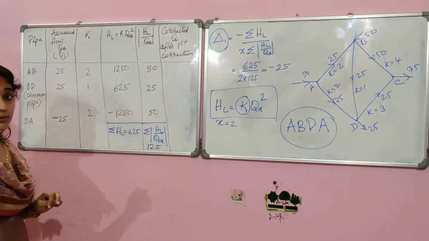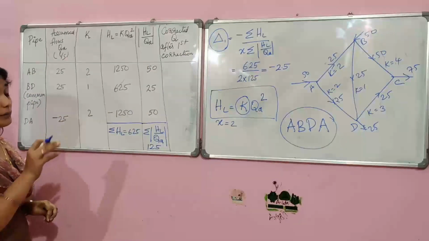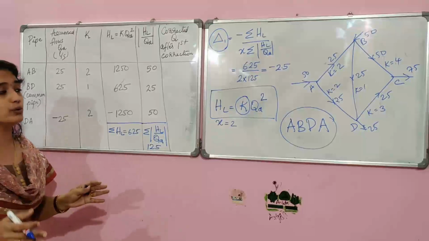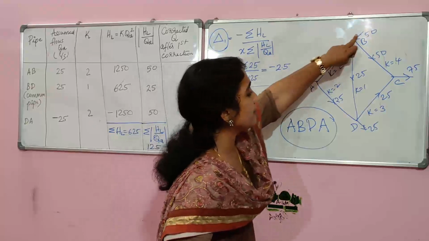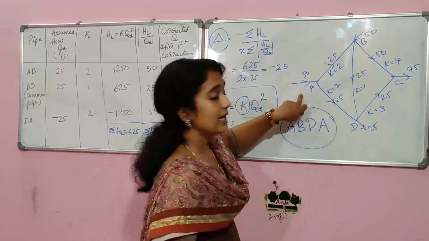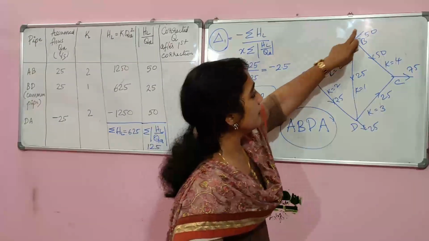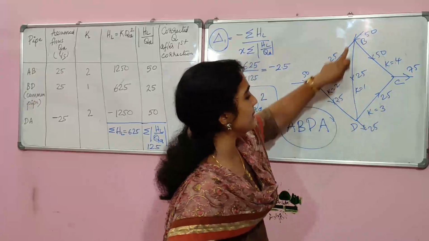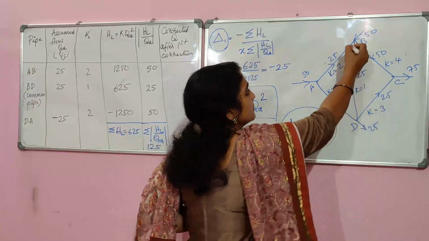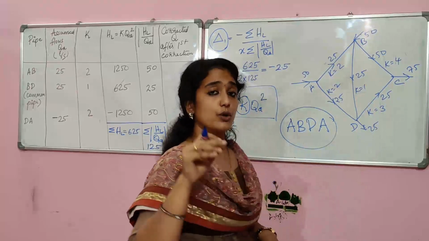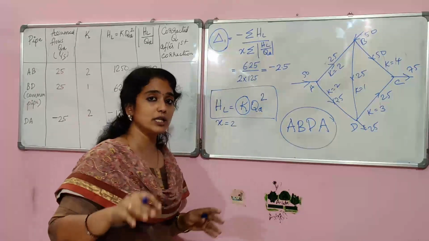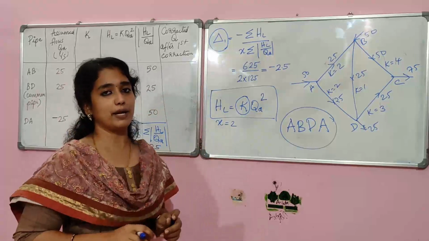Here you have to consider the common pipeline for the two loops. Here two loops are there, that is A, B, D, A, and next is B, C, D, B. Here the pipeline BD is common for two loops. So you have to give both corrections to that pipeline.